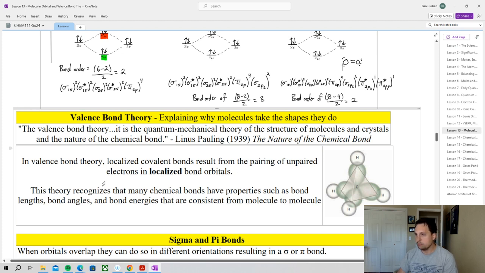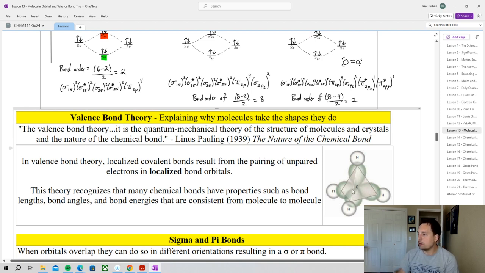Well, that's a mouthful. This theory is going to help us understand why certain chemical bonds have properties such as average bond lengths, average bond angles, and average bond energies that are consistent from molecule to molecule.